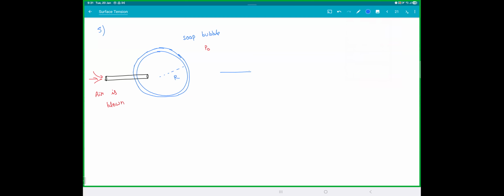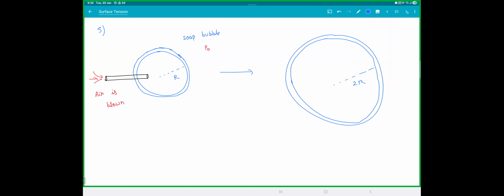In this process, what will happen? This soap bubble becomes bigger, of radius 2R. S is the surface tension. R is the radius. Find the work done by the external force. Find the work done by the person who is making this bubble from R to 2R.